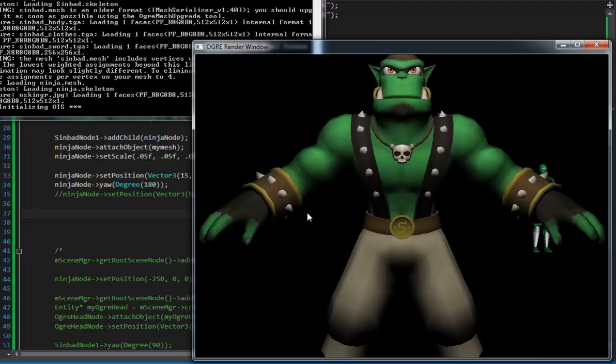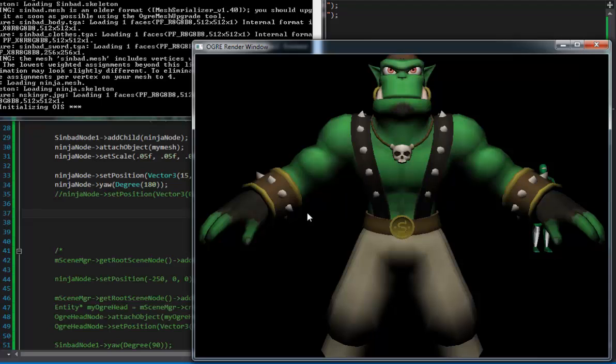All right. So first thing, you notice that the Sinbad is right in front of the camera, and the Ninja is right behind his left wrist. So it's kind of like sneaking that way. What I want to do, so that we get a better top view of this scene, is this: think of it like when you are sitting and looking at this scene, and that's where the camera is.